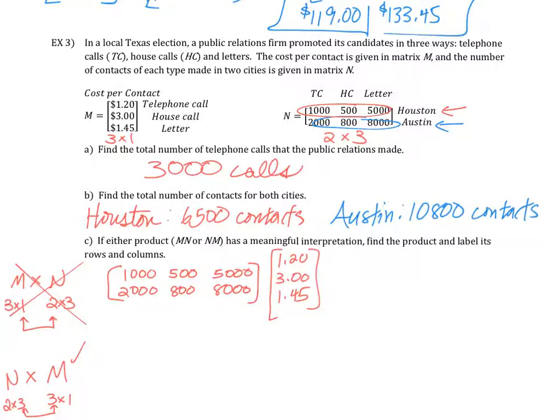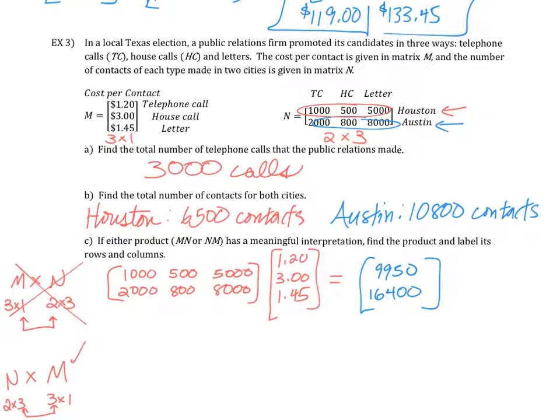What we do is take the first row of this matrix and multiply each element by the first column of this matrix. So the 1,000 would be multiplied by 1.2, the 500 would be multiplied by 3, and the 5,000 would be multiplied by 1.45. Once you multiply all of those elements together, then you add those 3 results, and you'll get this.